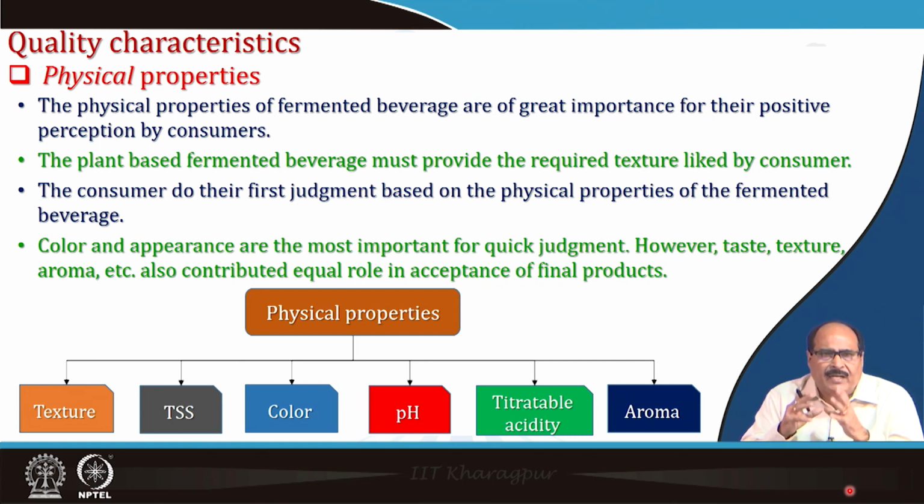So color and appearance are the most important physical attributes for quick judgment. However, taste, texture, and aroma can also contribute equally to the acceptance of a final product. So the important physical properties of any fermented beverage, or for that matter any beverage, are texture, TSS, color, pH, titratable acidity, and aroma.